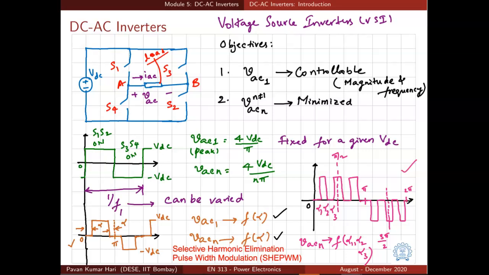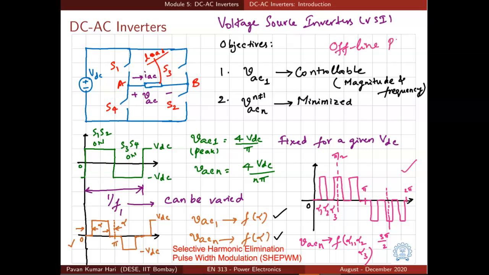One needs to solve this system of nonlinear equations to meet the required specifications and come up with the instants of switching alpha 1, alpha 2, alpha 3, and once he comes up with those instants of switching, he can turn on or off the switches appropriately. So this kind of switching angle calculation ahead of implementation is known as offline PWM.